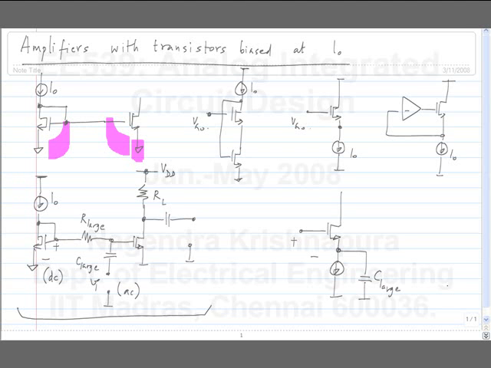You ground the source for frequencies of interest. The drain doesn't have to be grounded or connected to the power supply. It can be connected to the power supply through a load resistor RL, and again you can couple the signal out like this. So the input signal is applied between this point and ground. Now this point is also AC ground because of the capacitor.